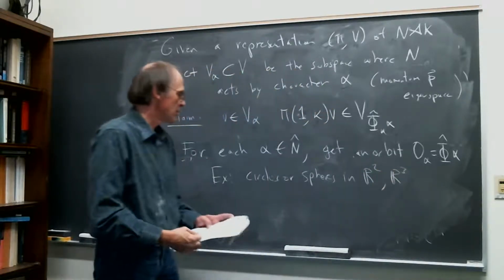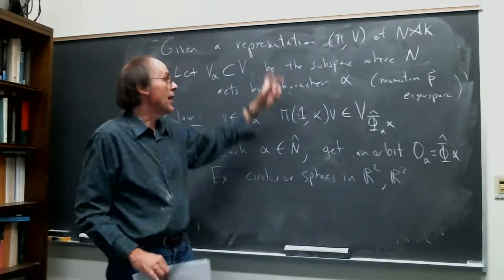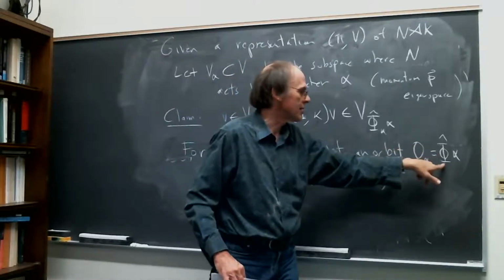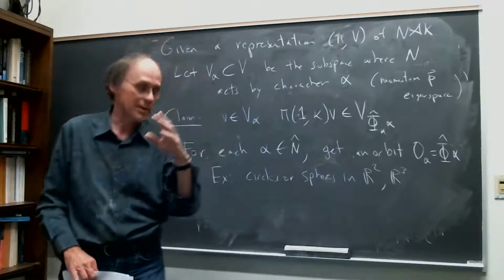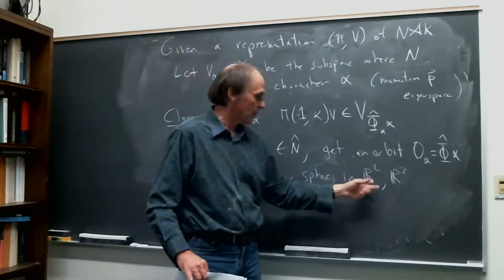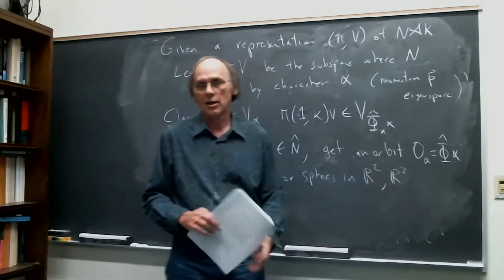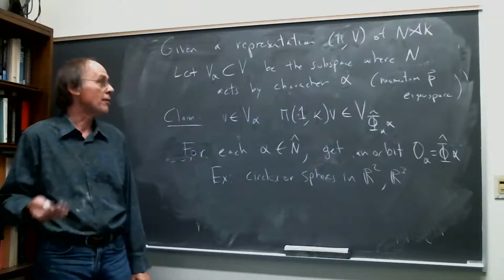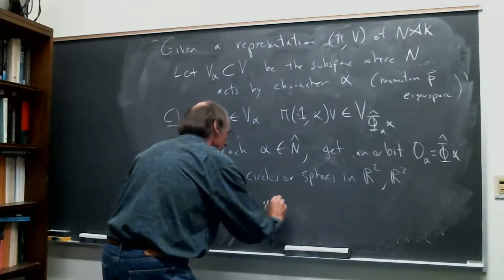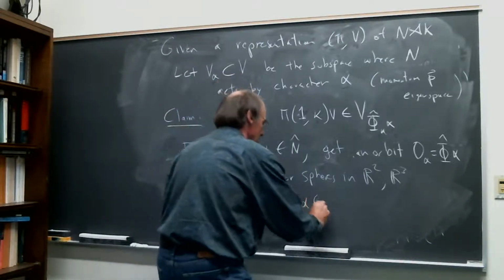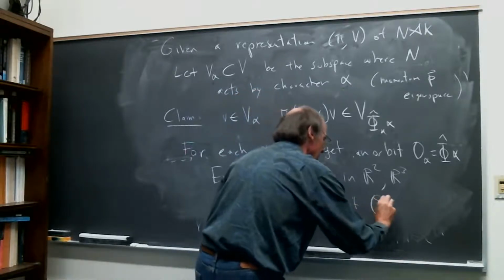So if you think about the specific example of the Euclidean group, then n is R2 or R3, and these orbits are just, if you pick an element in R2 or R3, a specific value of the momentum, you just rotate that vector around and get a circle or a sphere. But more generally, if you do this for an arbitrary thing, for each alpha element of n hat, you get an orbit.